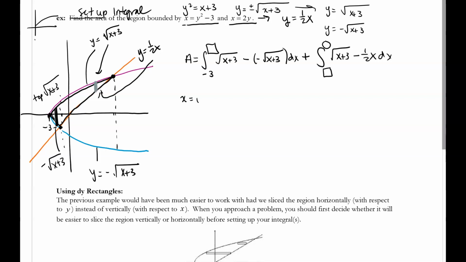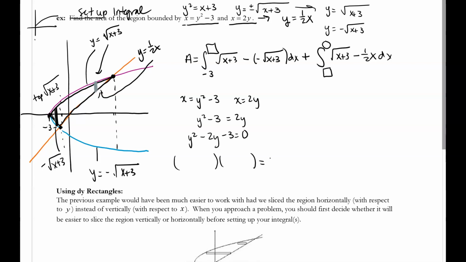So if I have x equals y squared minus 3 and x equals 2y, well, I know those x values are the same, so I'm looking for where y squared minus 3 is equal to 2y. And because this is a quadratic expression that also has a linear term, I'm going to subtract the linear term over and write this in standard form, set it equal to 0, and factor.